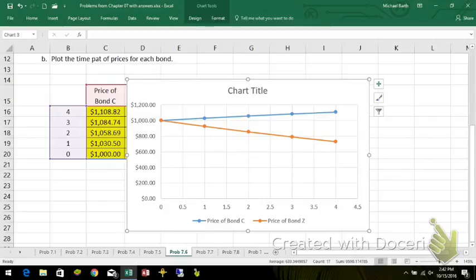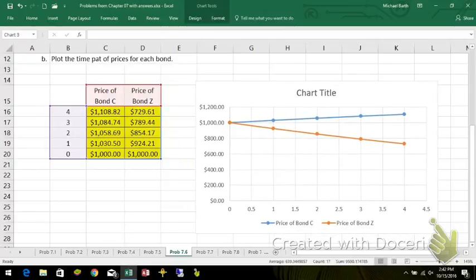On the day that they both mature, both will be equal to $1,000 par value.